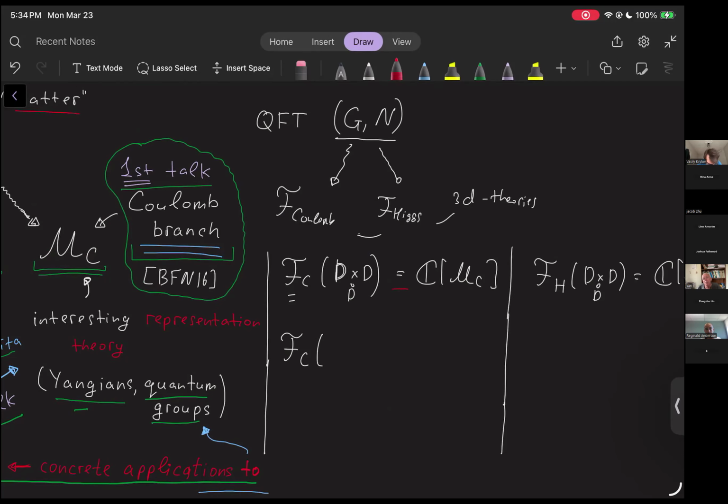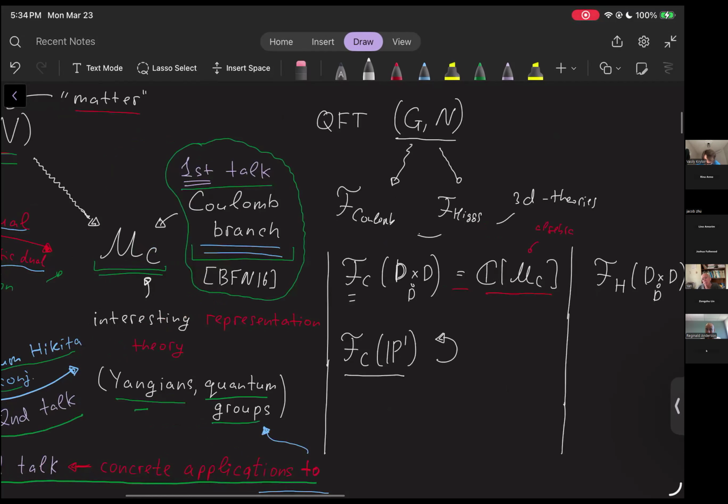And that's one example of a vector space that has an algebra structure. But now we can evaluate it, for example, on P1. What you get in this case should be a vector space, but actually a module over this algebra, or maybe a quantized version of this algebra.